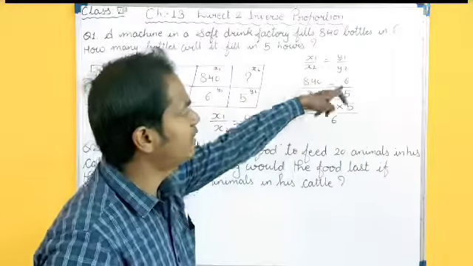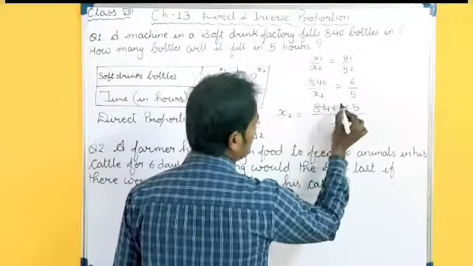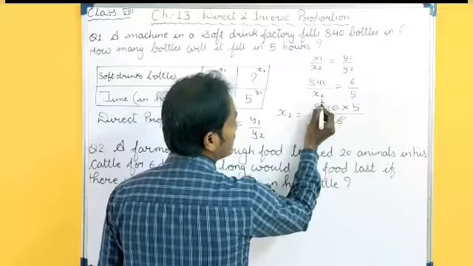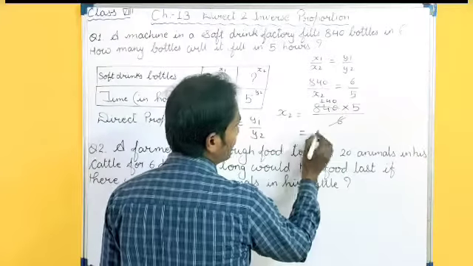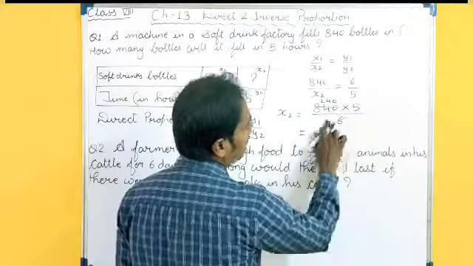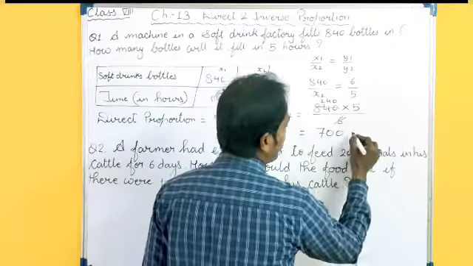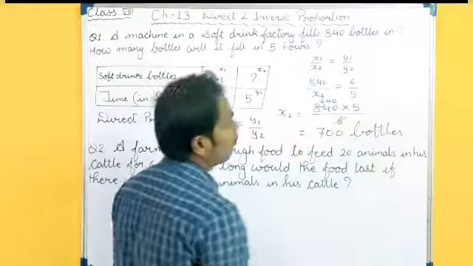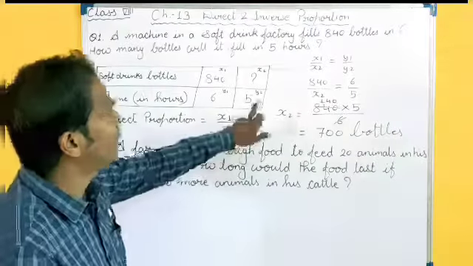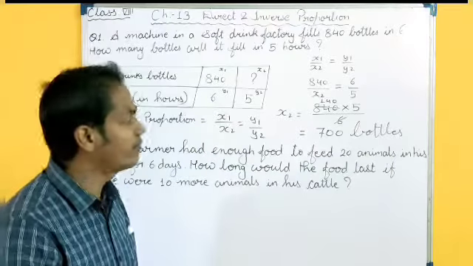Okay, I have done just cross multiplication. Now reduce this. 6 1 is 6, 6 4 is 24, and 0 as it is. So 140 multiplied by 5. 14 5 is 70 and 0 as it is. So how many bottles will be filled in 5 hours? 700 bottles will be filled in 5 hours.